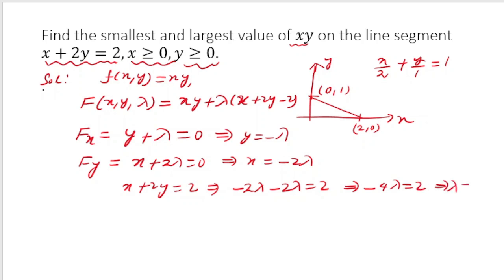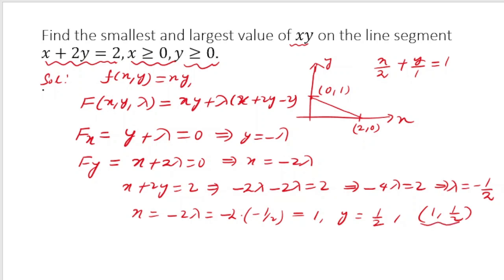So lambda is equal to minus 2 by 4, that is equal to minus 1 by 2. If lambda is equal to minus 1 by 2, what is x? x is equal to minus 2 lambda, so that is equal to minus 2 into minus 1 by 2, that is equal to 1, and y is equal to minus lambda, so it will be 1 by 2. So we have got a point 1 comma 1 by 2. This is one of the critical points on this line.